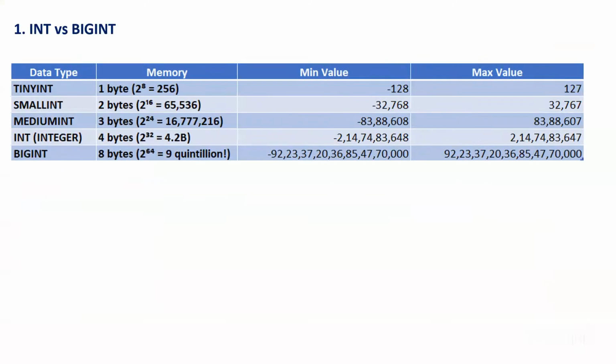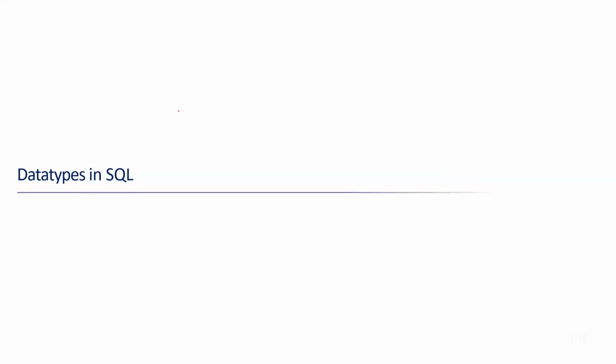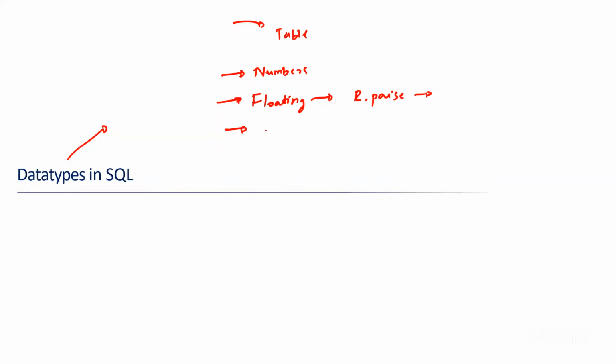Now, inside data types, you have different types of data that can be coming into your table. You can add only numbers. You can add floating values, which you all know, like rupees.paisa in your bank accounts and transactions. You can add only a character.